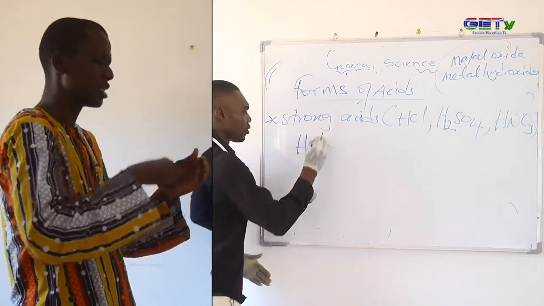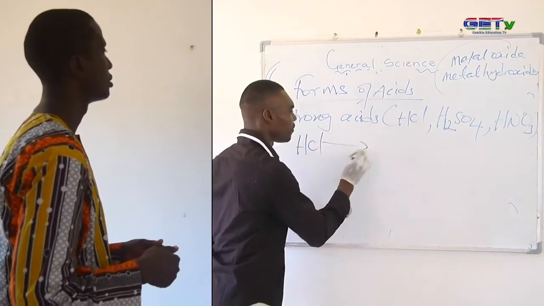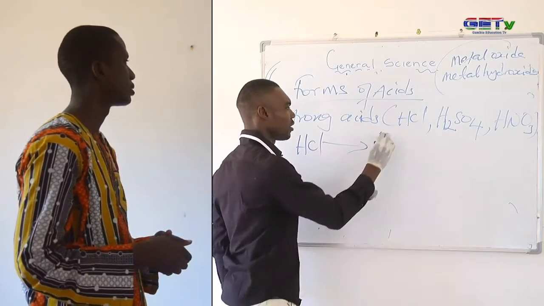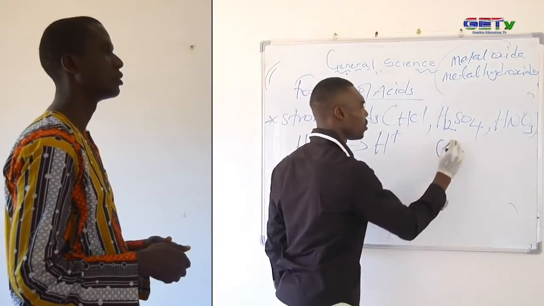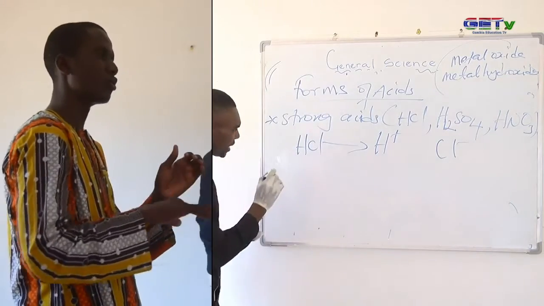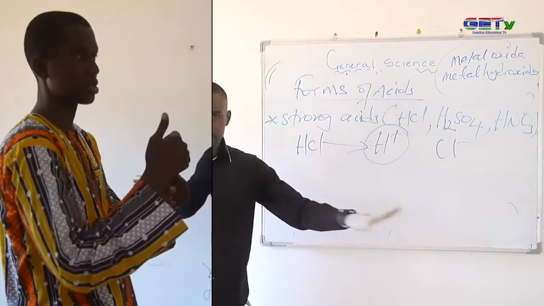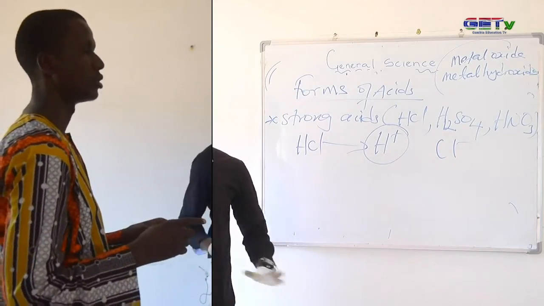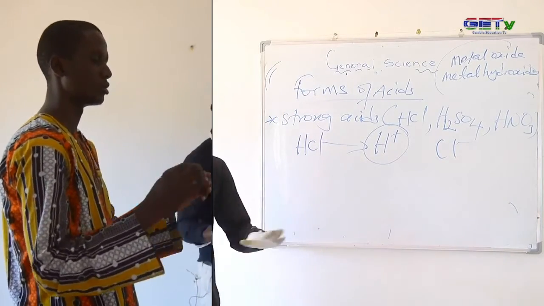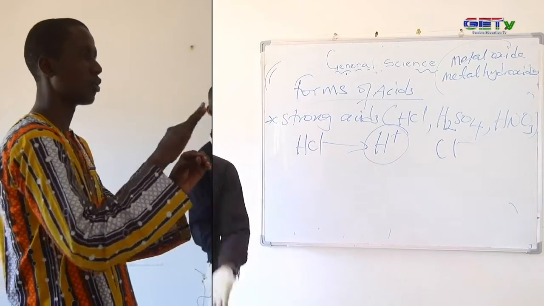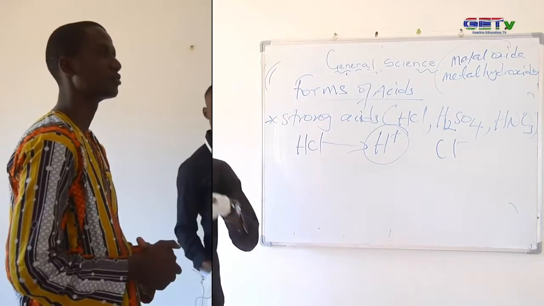For example, if you dissolve hydrochloric acid in water, you are going to have 2 ions: hydrogen ion and chloride ion. So the hydrochloric acid has completely ionized in the water, not partially. This is why we call them strong acids.